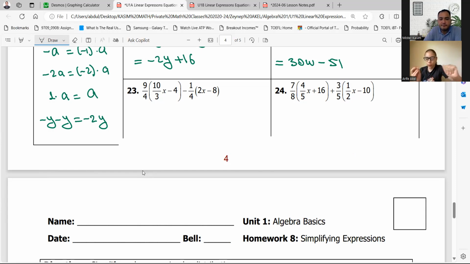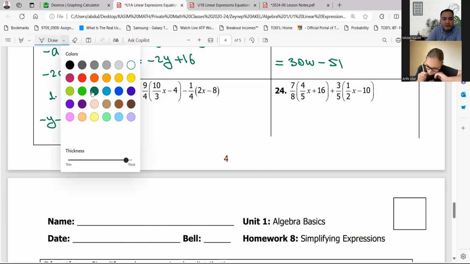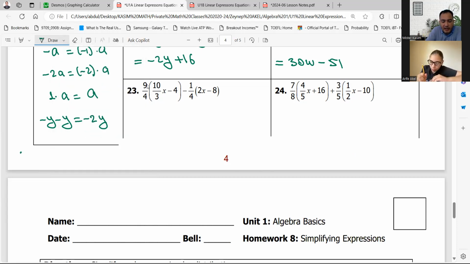Yes. What you have to do first is what? First 9 over 4 divided by 4 over 3, right? Yes. So which is equal to 9 times 10 divided by 4 times 3, and here we have x.